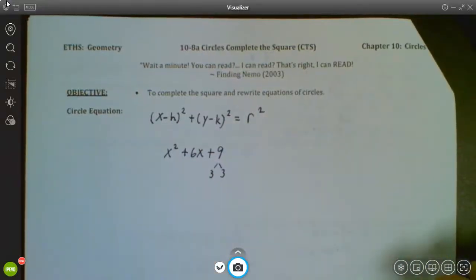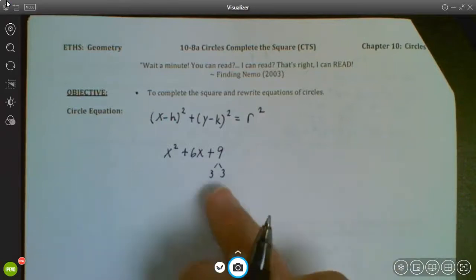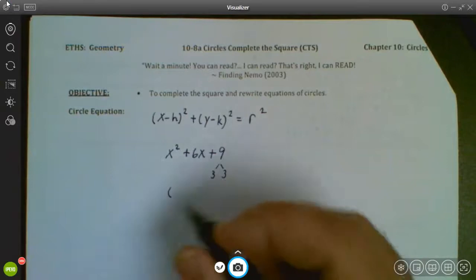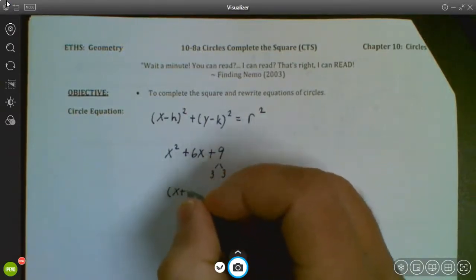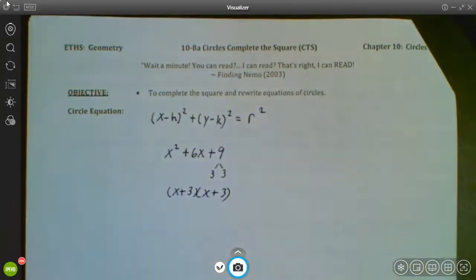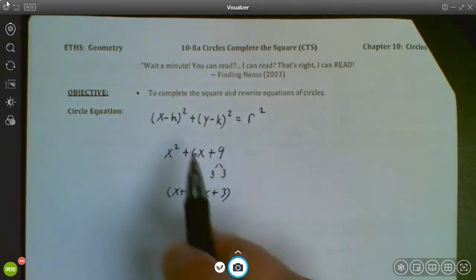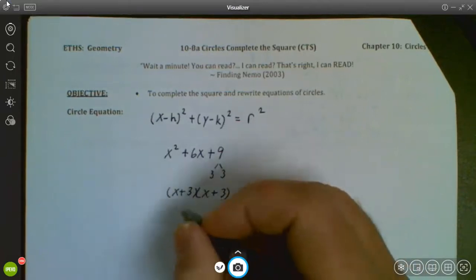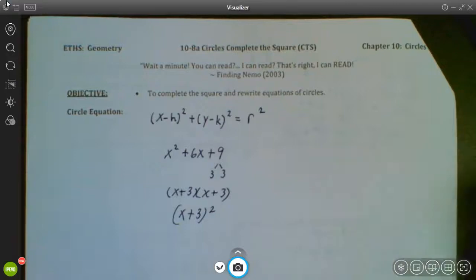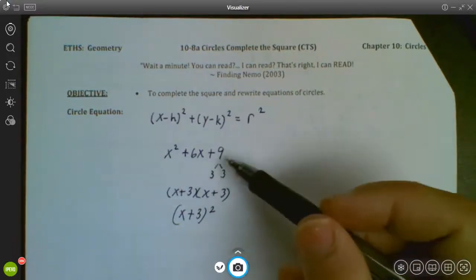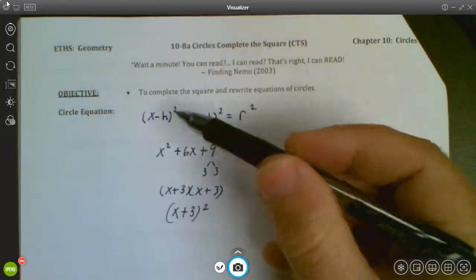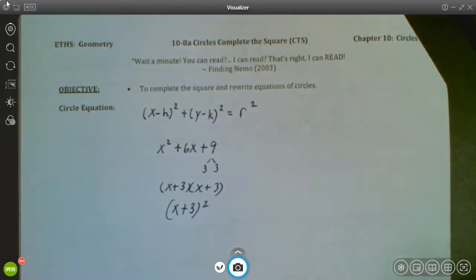So that's what makes this a perfect square. So my factors are x plus 3 and x plus 3. And when they're the same factor like these guys are, then we can combine them to look like this. And that's where we get the statement of something like (x plus 3) squared. Right? And so this is what we're shooting for. So we're looking at this process to put things into this form so that we can get that standard equation of a circle.